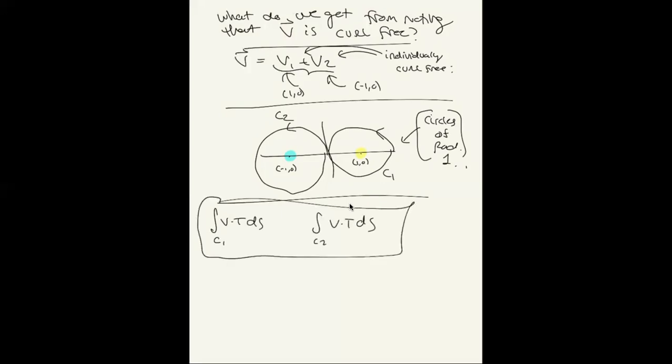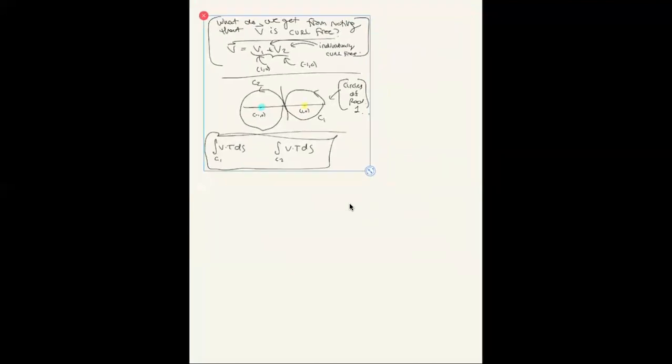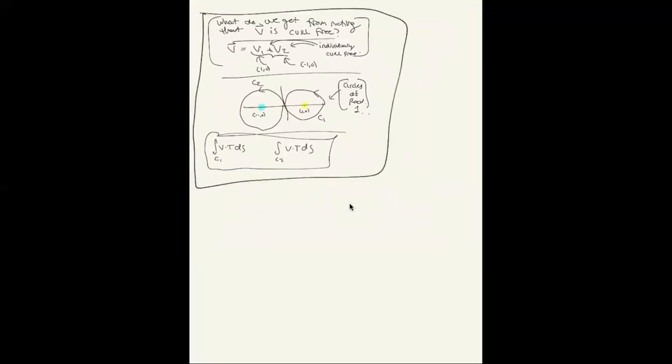I'll need to set up some parameterizations, but let me show you how I can use some of this data up here. Okay, I'm going to minimize this, and let's first focus on C1. C1 is a counterclockwise circle which goes about that yellow point 1, 0.